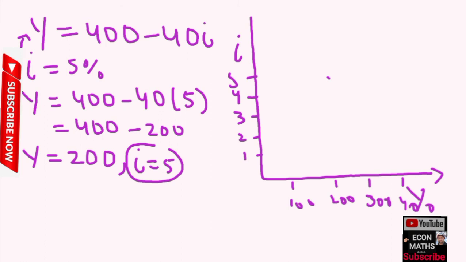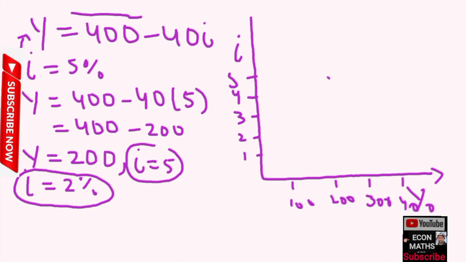Now let us say we have i equal to 2, that is 2%. When i is equal to 2, what will be our level of income? We put the value of interest in this very equation. So Y is equal to 400 minus 40 into i.